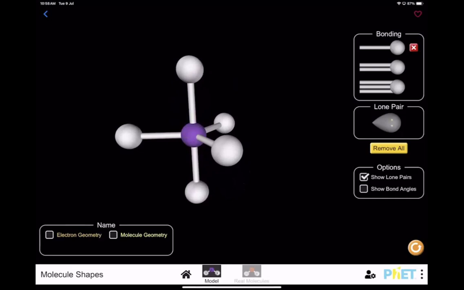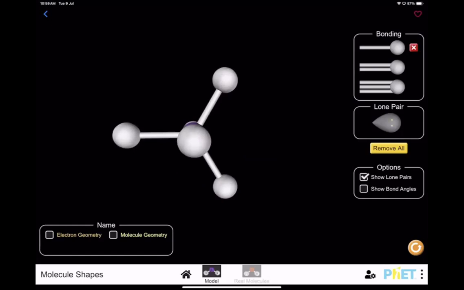So I can call it trigonal bipyramidal, because at the center there is a trigonal base, and from that trigonal base there is one pyramid forming on the top and one below. So it is called trigonal bipyramidal. Tell me the bond angle of these 3. It is going to be 120, right?